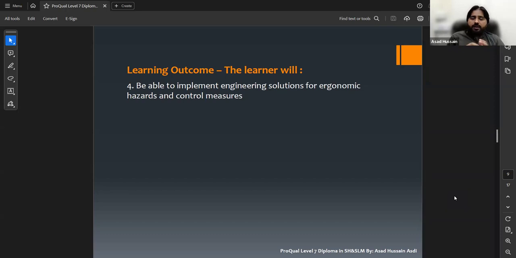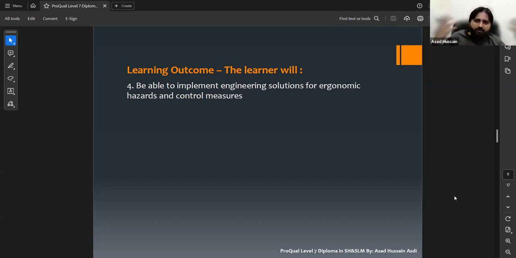Four things are contributing. If these four things are okay, then the work environment is good. It's ergonomics. But in case of having an issue with any one of these, like if the work is having an issue and the worker is not comfortable, then it's an ergonomic hazard.